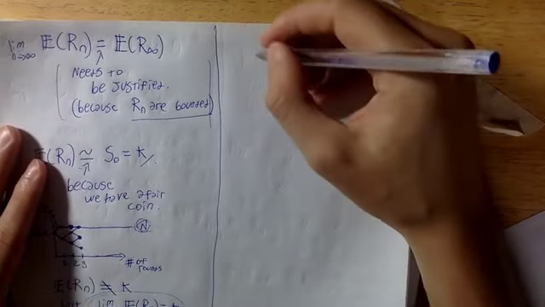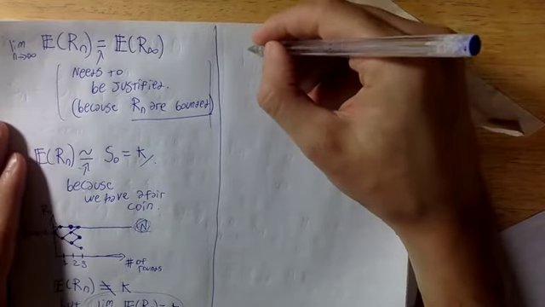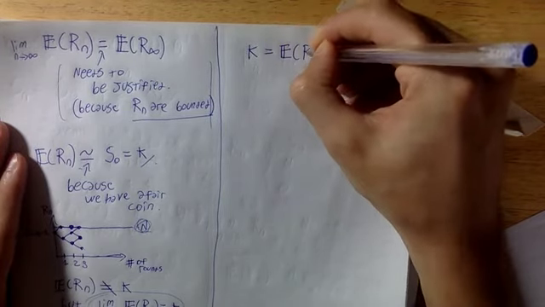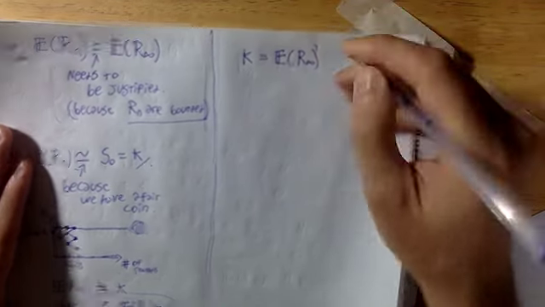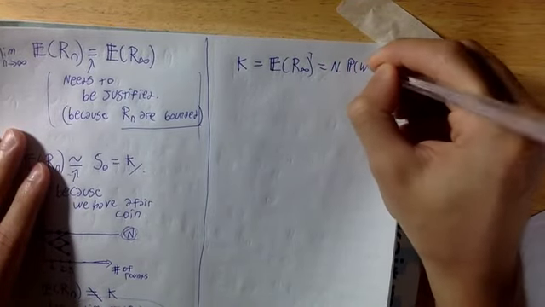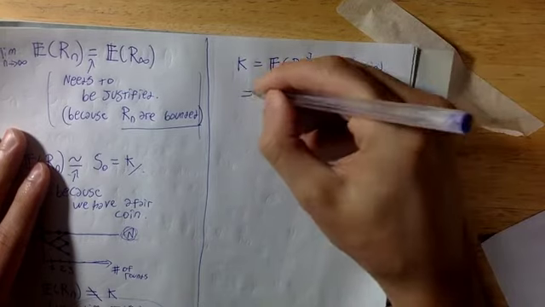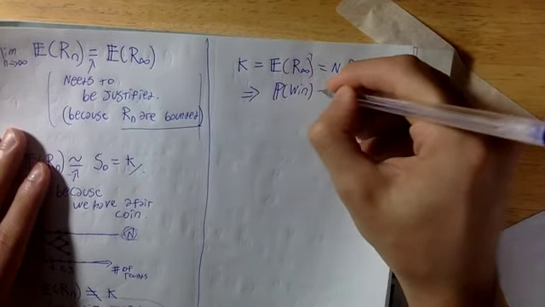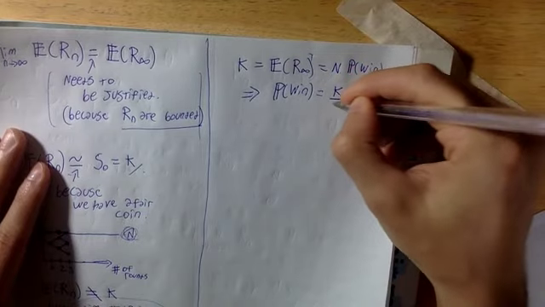So at the end of the day, what we get is that k is equal to E of R infinity, which is equal to n times the probability of winning, which implies that the probability of winning is equal to k over n.